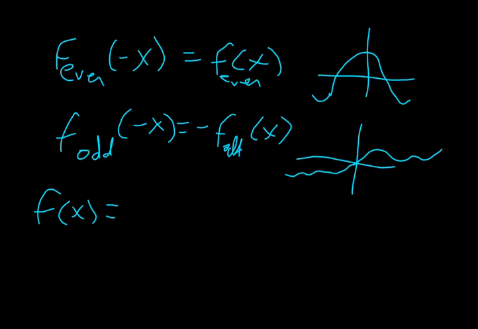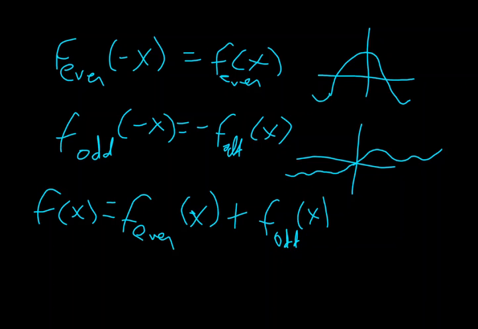I can also show that if I have some f of x, right, that this is equal to some f even of x plus f odd of x. And all this is saying is that any function is a sum of one even function and one odd function.